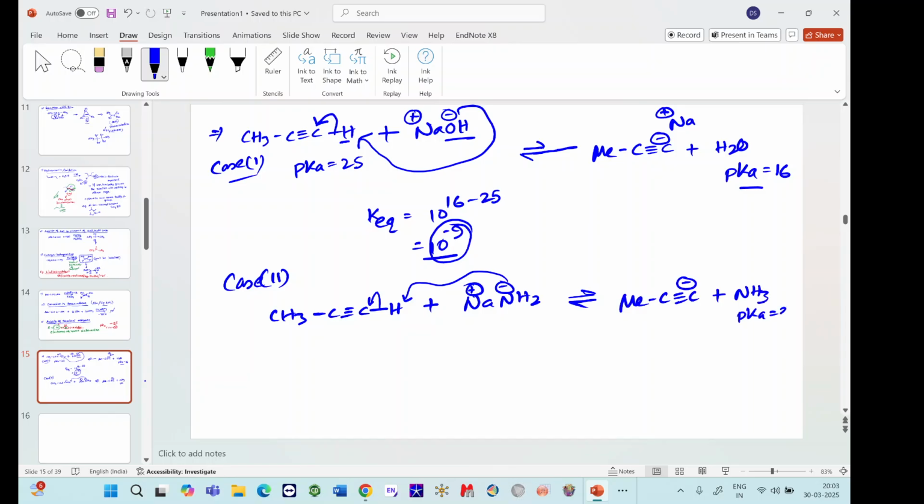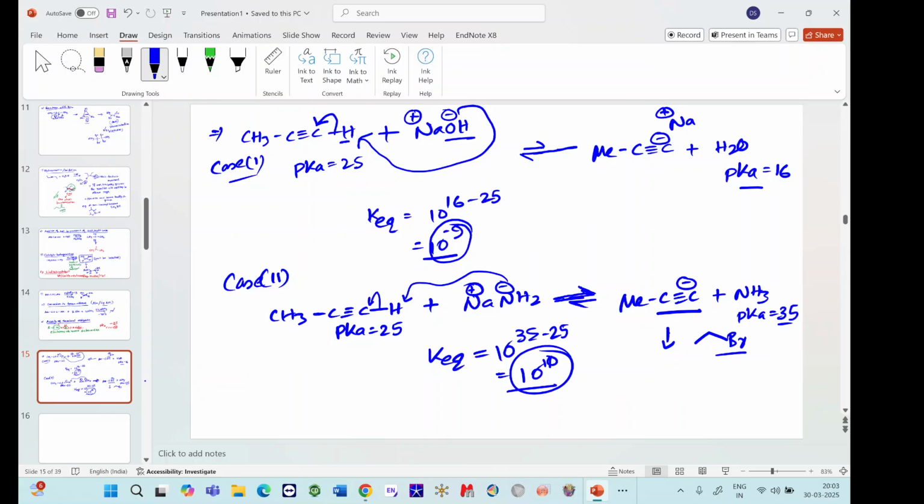In this case, pKa will be 35, as we know from our previous knowledge, and for the alkyne it will be 25. So your K equilibrium comes to 10 to the power 35 minus 25, that is 10 to the power 10. So this is very much feasible, right? So this will go in the forward direction. Now, as this is stable, you can introduce any electrophile here, so that it will go and attack, and you can get your product.